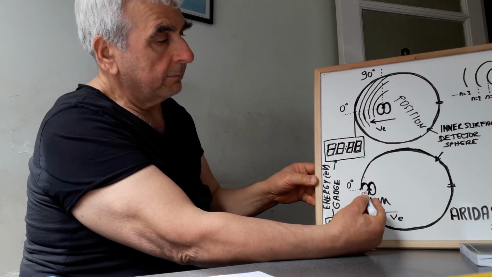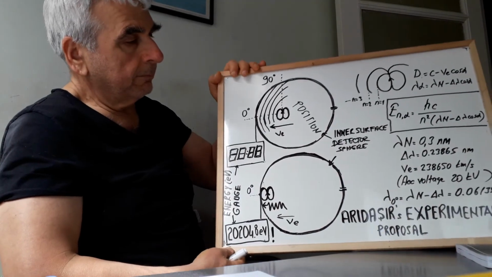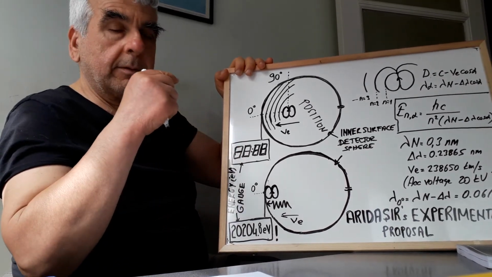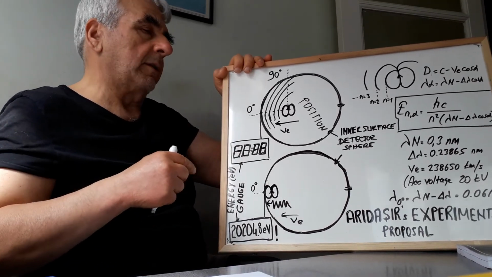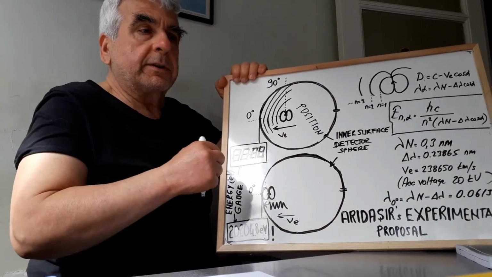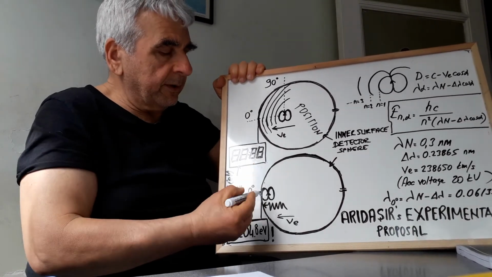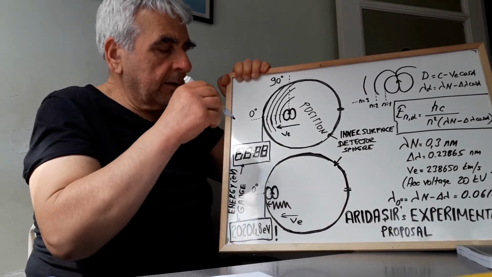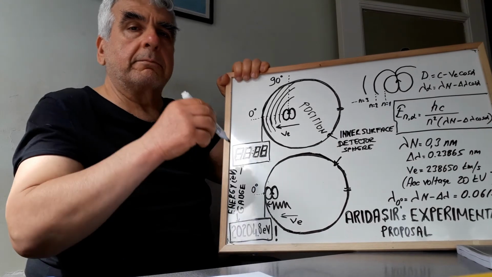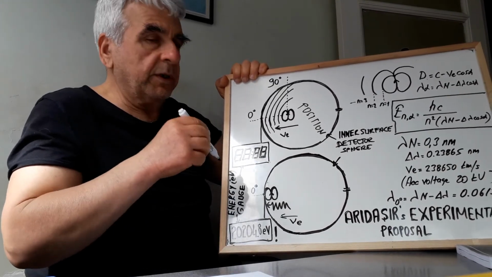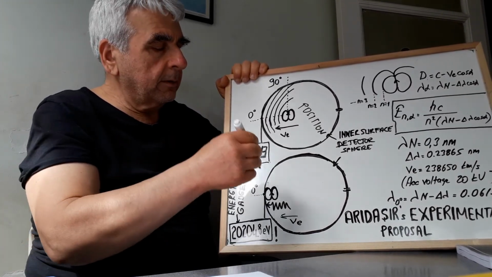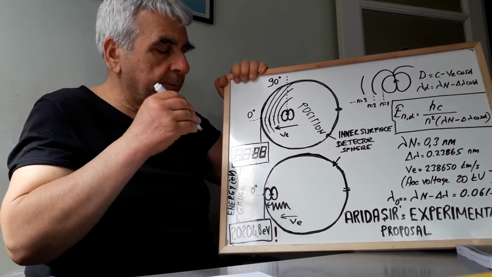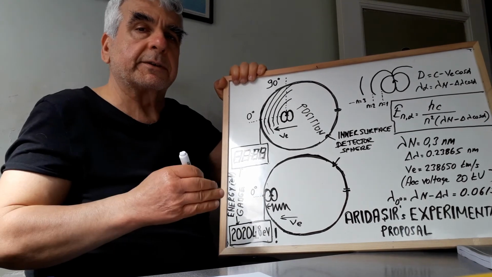We can determine the electron's position and velocity at the same moment. We can determine the free electron motion form's velocity and position simultaneously.